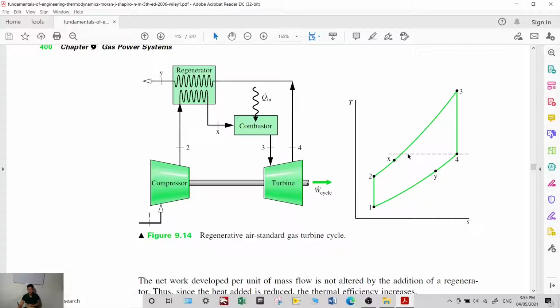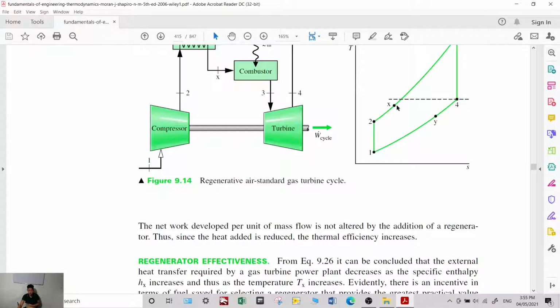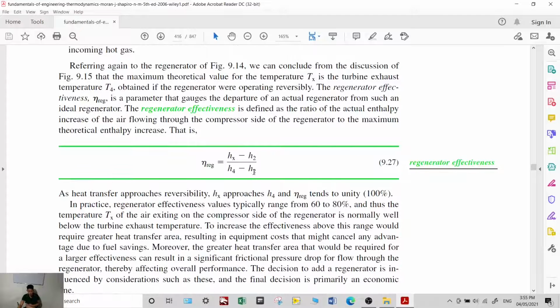But since it is not 100%, it only reaches Hx. So dividing Hx minus H2 over H4 minus H2 gives your regenerator effectiveness. So this represents the effectivity of your heat transfer equipment.